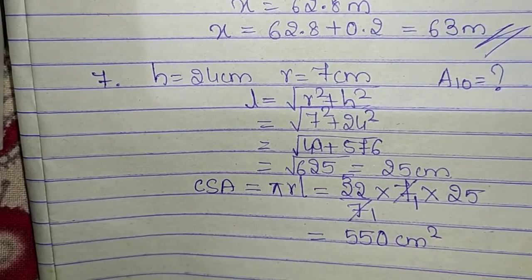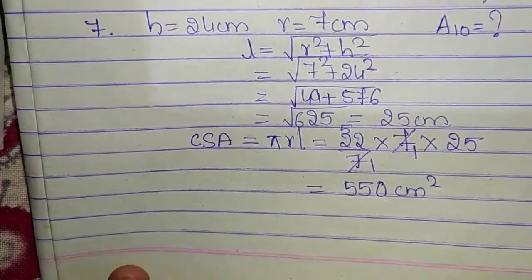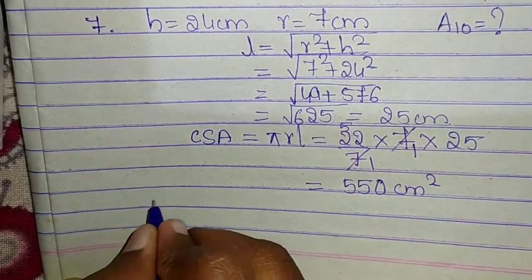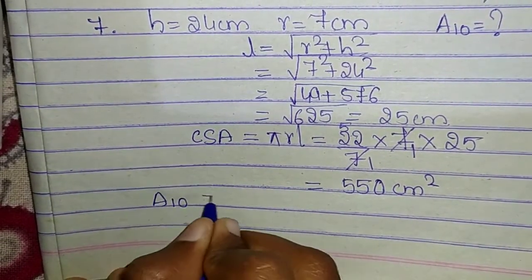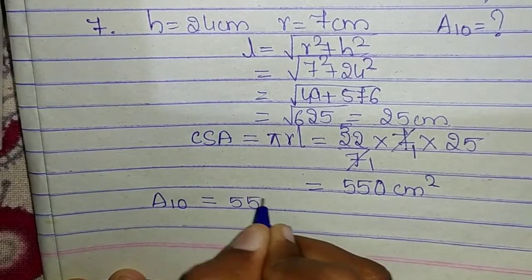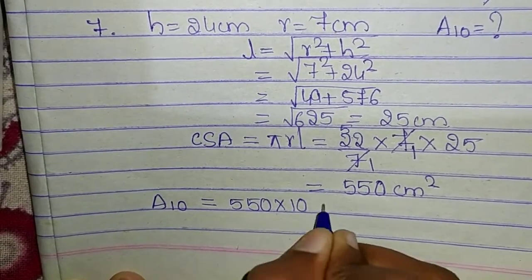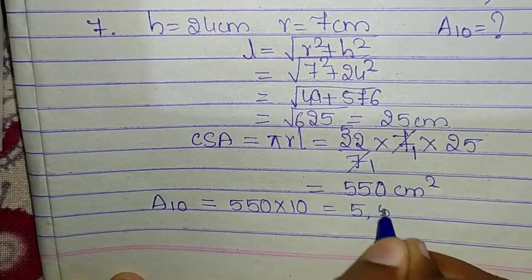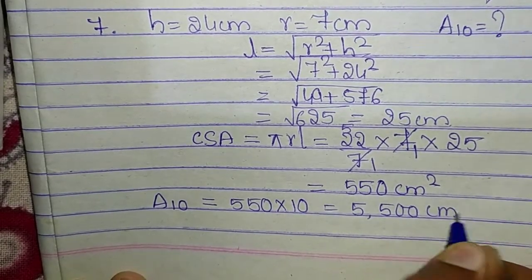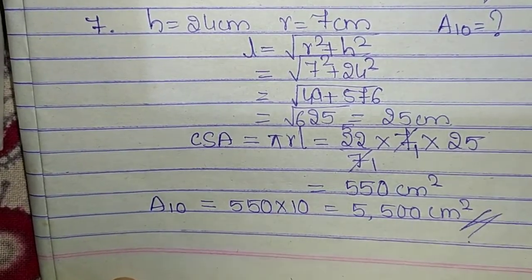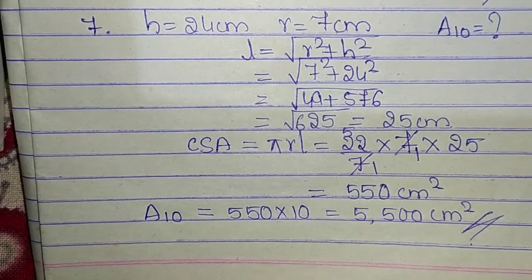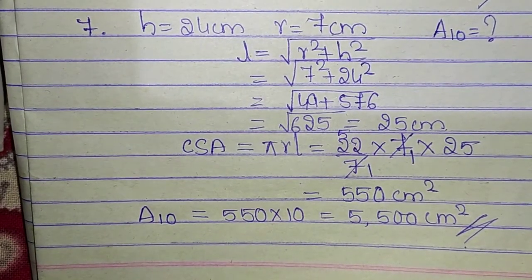So for one cap, the area required is 550 centimeters square. So the area required for 10 caps will be equal to 550 into 10, which is equal to 5500 centimeters square. This is the solution to the seventh question.